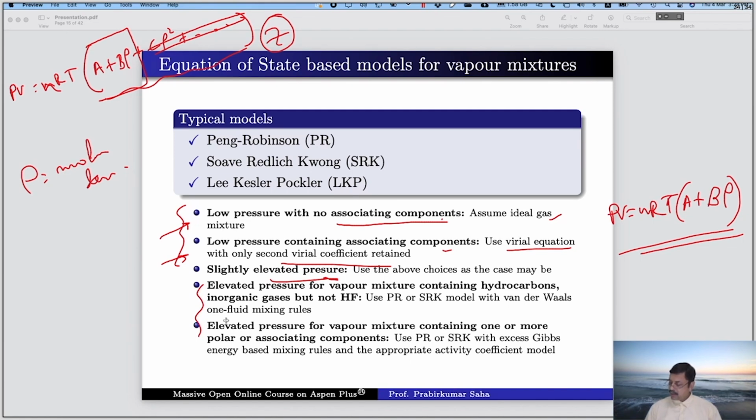For vapor mixture containing hydrocarbons, inorganic gases, but not hydrogen fluoride, you can use Peng-Robinson or Redlich-Kwong-Soave model with van der Waals one fluid mixing rule. But if you have vapor mixture containing one or more polar or associating components, then you have to use Peng-Robinson or Redlich-Kwong-Soave model with excess Gibbs energy based mixing rule and the appropriate activity coefficient based model.